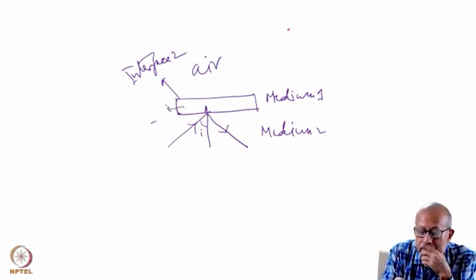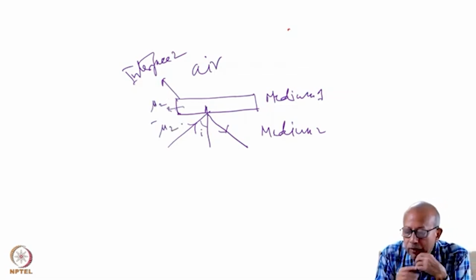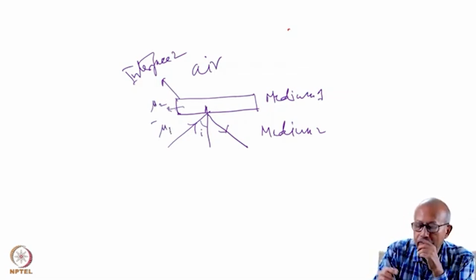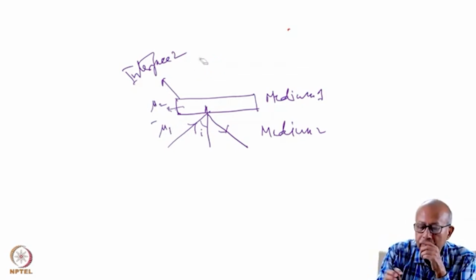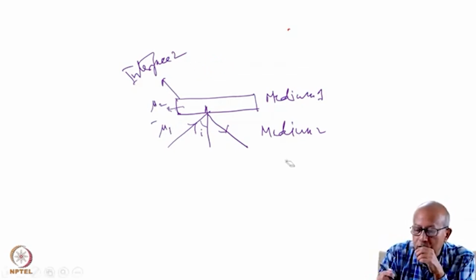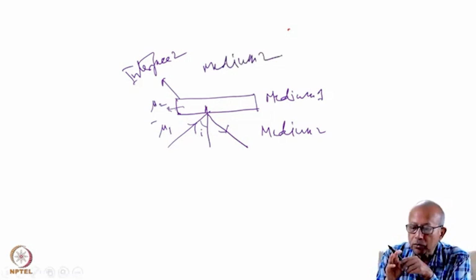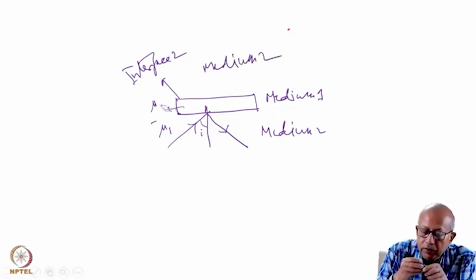Suppose that these are the refractive indices, mu2 and mu1. So medium 1 has refractive index mu1, medium 2 has mu2.